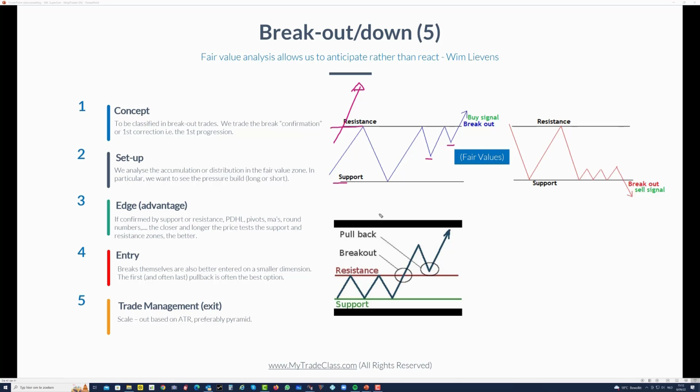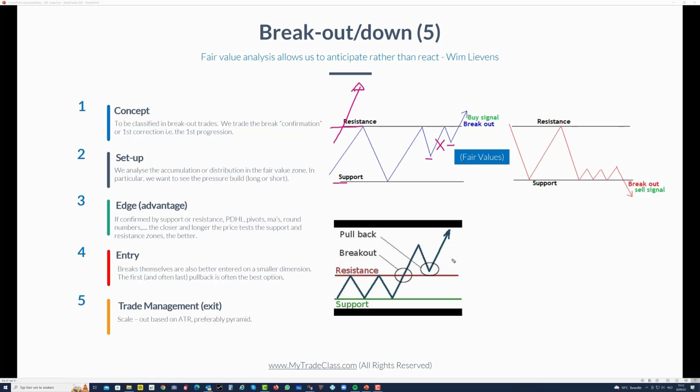In order to avoid this, to some extent, is to wait for confirmation. So I will give you the 4 ways in which these breakouts are very often traded. I will try to convince you to do it in a certain way. First thing would be to enter here in the consolidation and say, hey, I know it's going to break out.